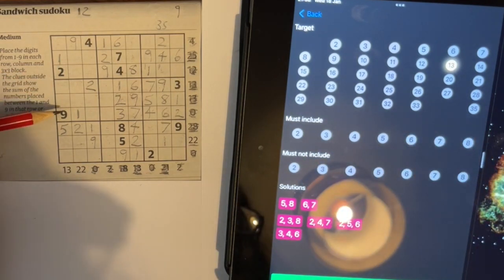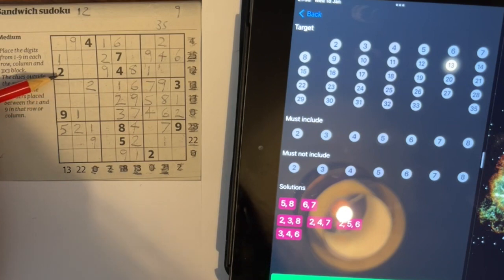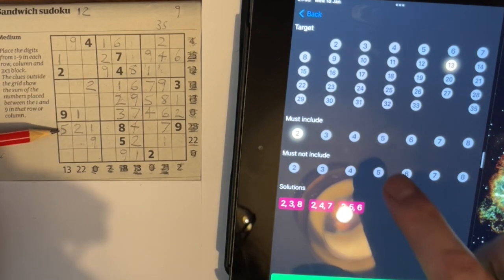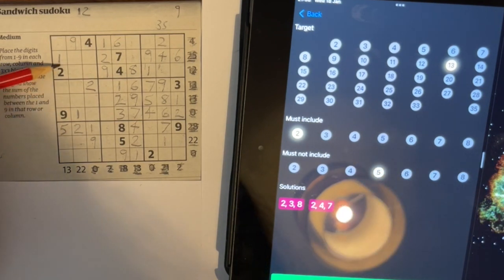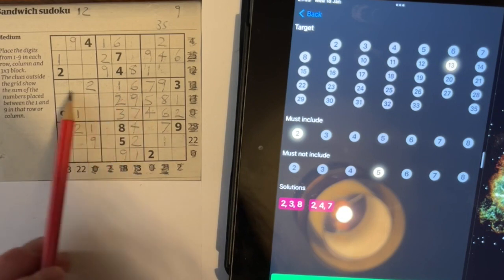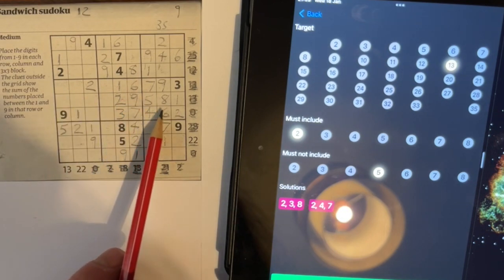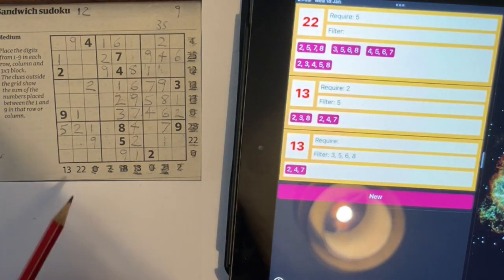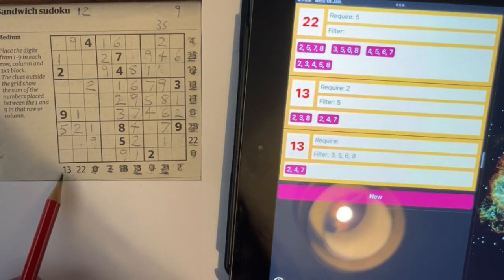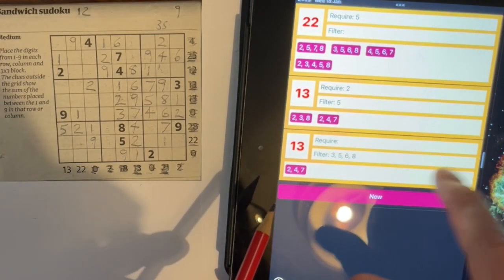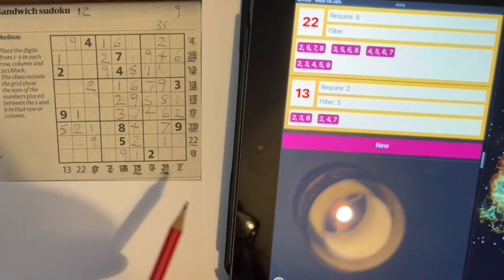So let's start again on that one. So it needs to have a 2, must include a 2, must not include a 5. Still no good. Unless there's anything common here going across. But there isn't. So come back to that one. And I don't know why we've got this one here, because this one is completely solved, so we can get rid of that.